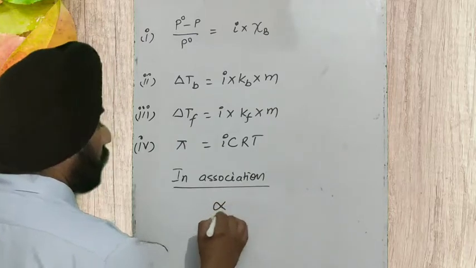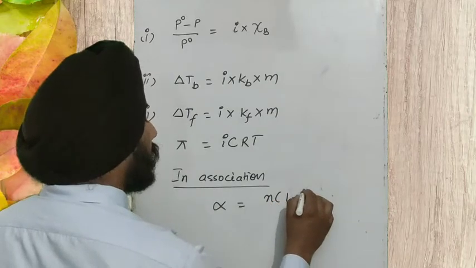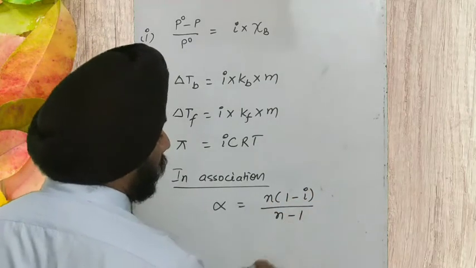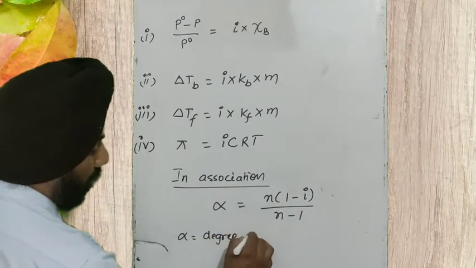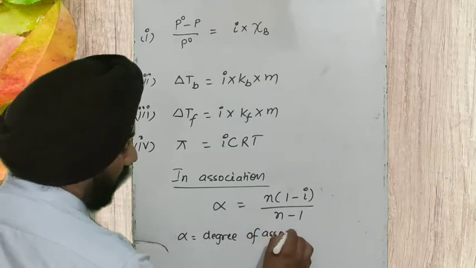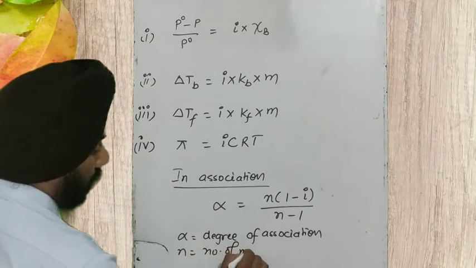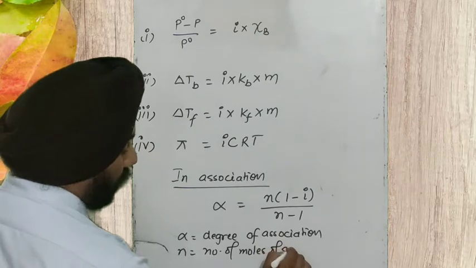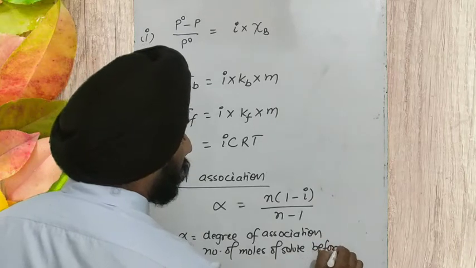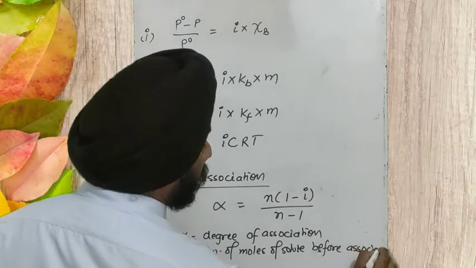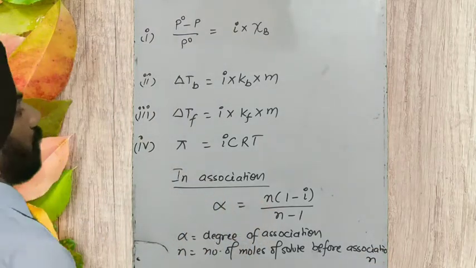In case of association, the degree of association alpha is equal to (n minus i) upon (n minus 1), where alpha is the degree of association and n is the number of moles of solute before association. i is the van't Hoff factor, you know better.